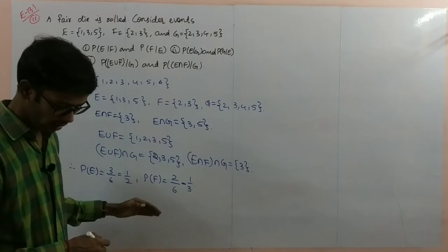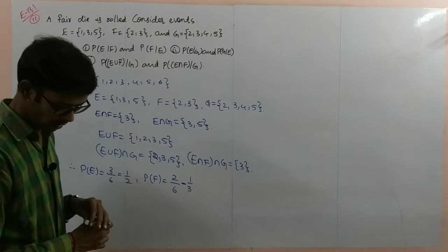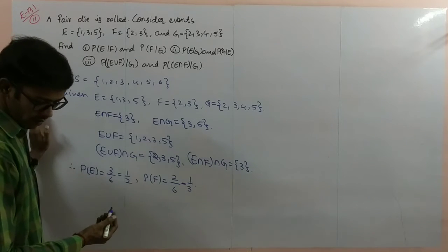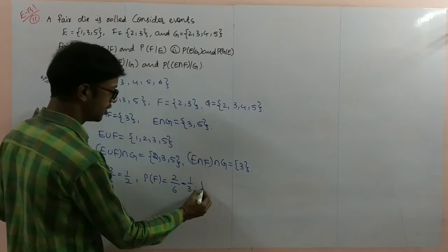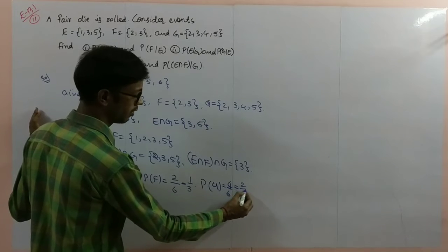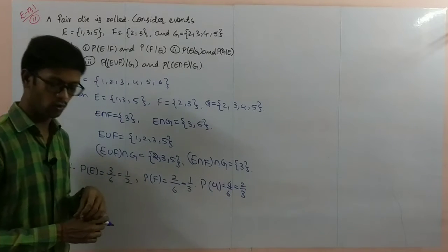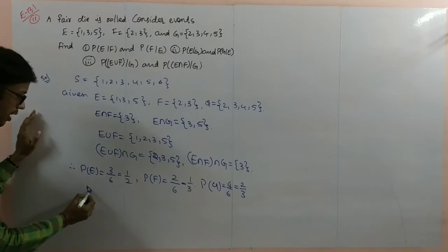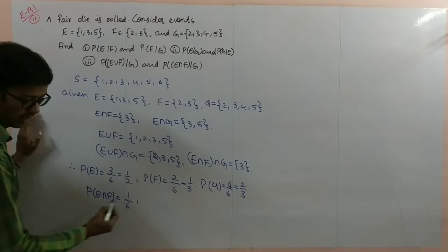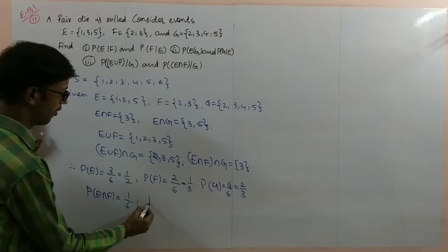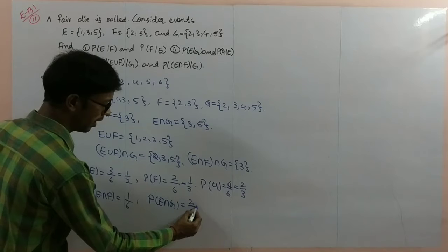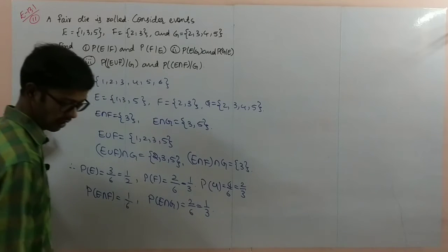Next, probability of G, 4 by 6 is 2 by 3. Probability of E intersection F is equal to 1 by 6. Probability of E intersection G is 2 by 6, that is 1 by 3.